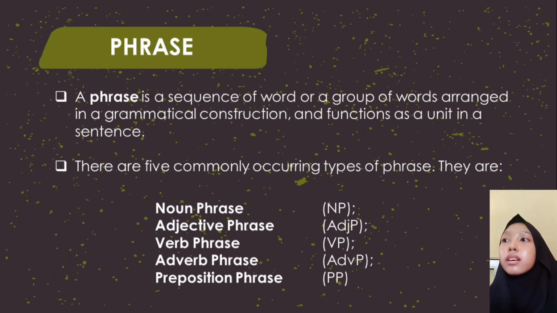And next, phrase. A phrase is a sequence of words or a group of words arranged in a grammatical construction and functions as a unit in a sentence. There are 5 commonly occurring types of phrase.